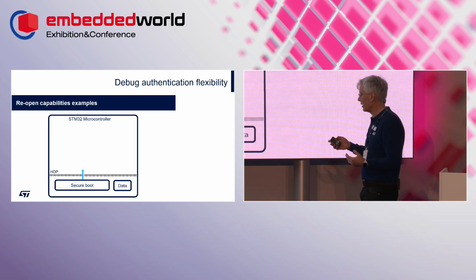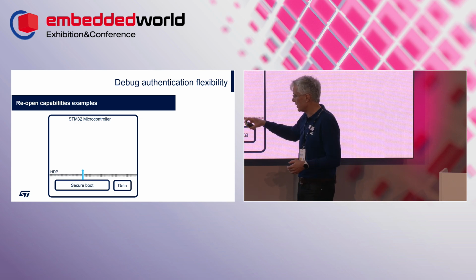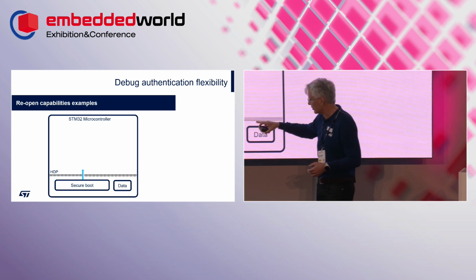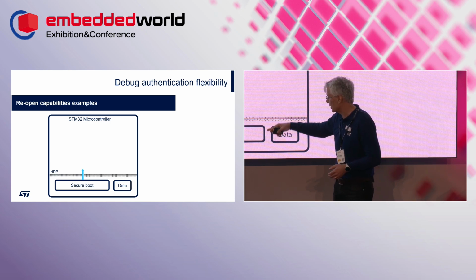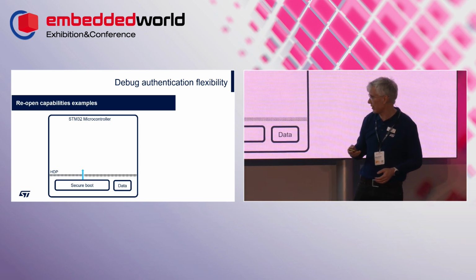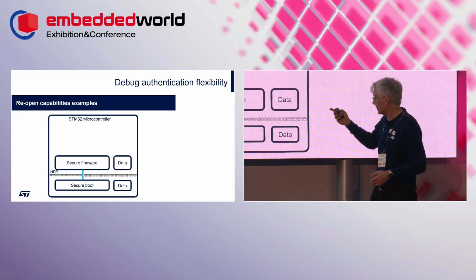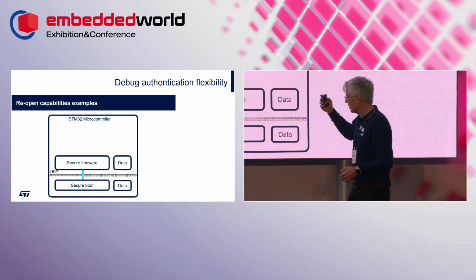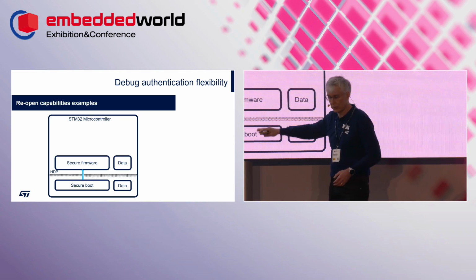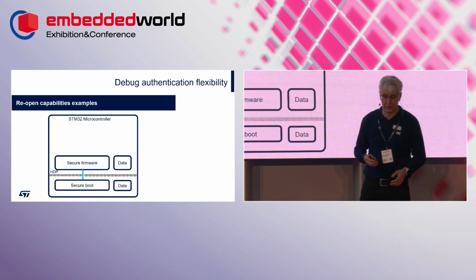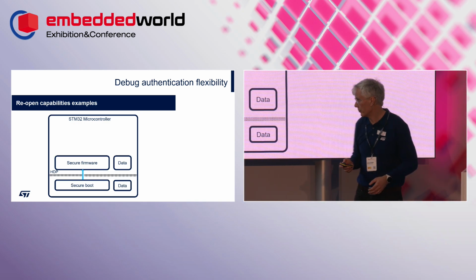Then we have a mechanism that is called HDP that isolates the secure boot from the next stage. So when the secure boot has authenticated the next stage, the secure firmware, for instance, it jumps to the secure firmware, and the secure boot is not available anymore.